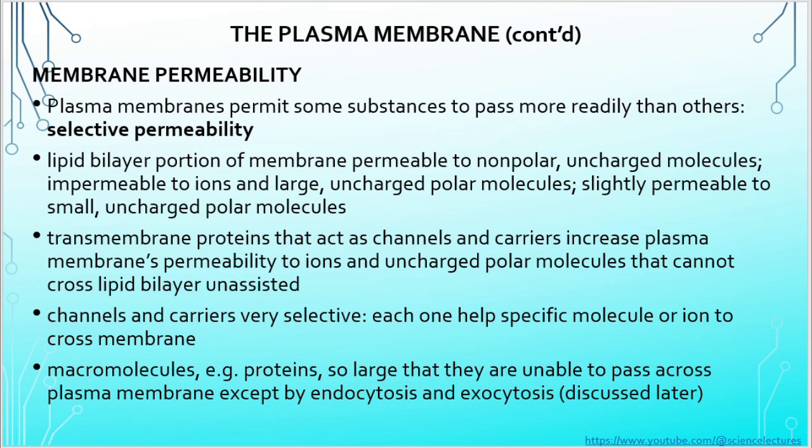Each one helps a specific molecule or ion to cross the membrane. Macromolecules, such as proteins, are so large that they are unable to pass across the membrane except by endocytosis and exocytosis processes, which we shall discuss later.